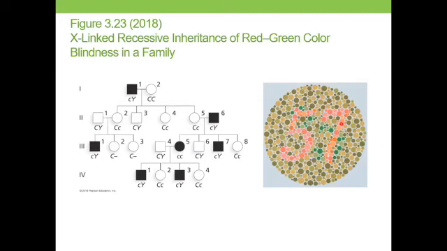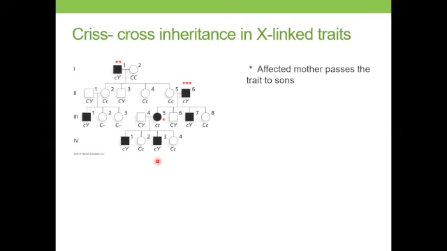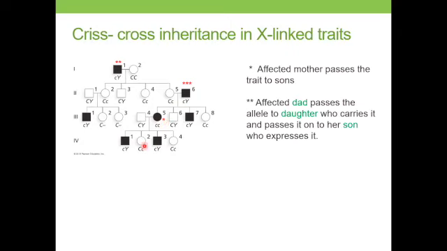So anyway, this pedigree shows the inheritance of color blindness. And if you studied the characteristics of an X-linked recessive trait, we will be able to see the same pattern in this pedigree. Here, the affected mother passes the trait to all her sons. And then in the second example, the affected dad passes that allele to his daughters.